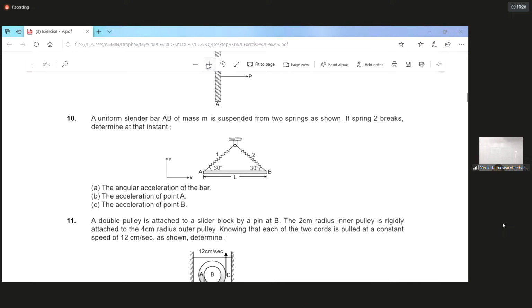Sir, a force acting along the length of the rod can't produce any torque, right?